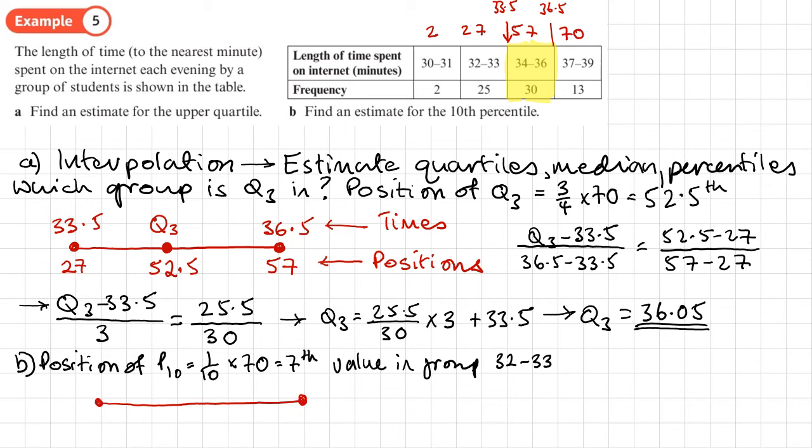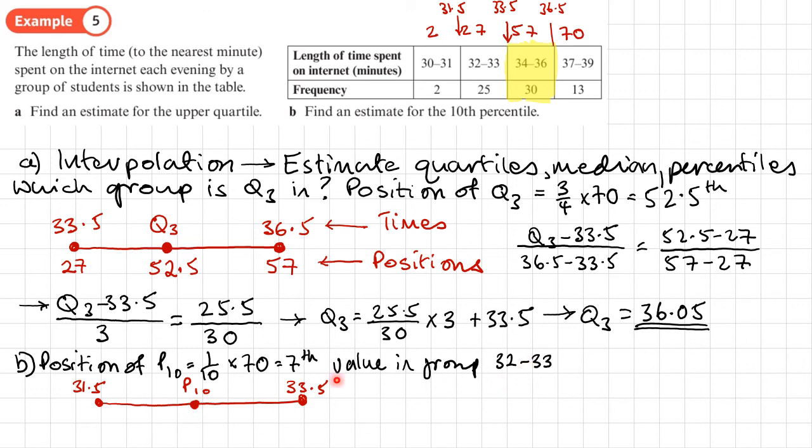So this group here, again closing the gaps, this group goes from 31.5 to 33.5. We're trying to locate the value of P10, so we'll write that on here. Then we want the positions of P10 and the ends of the group.